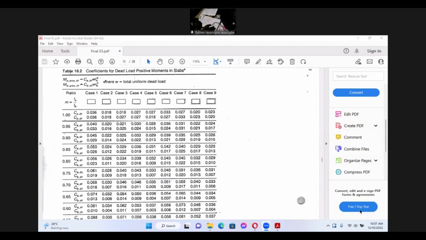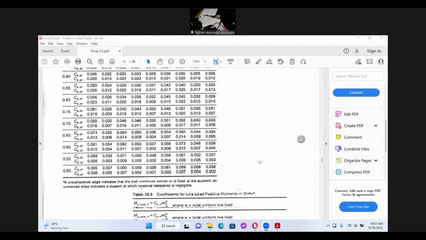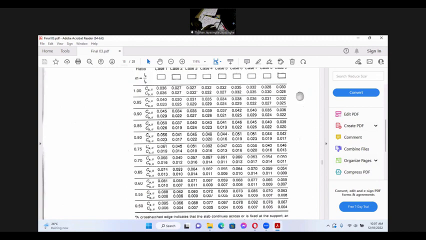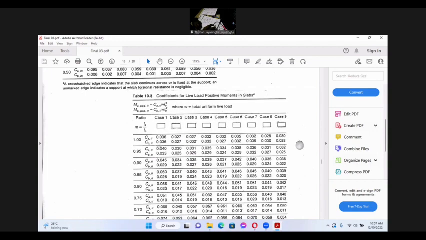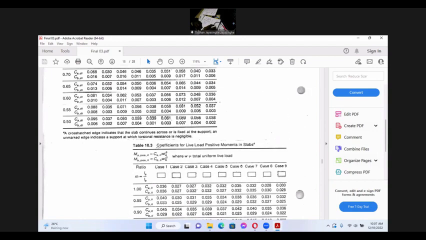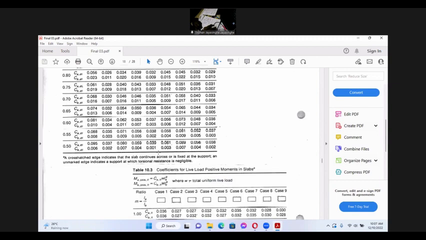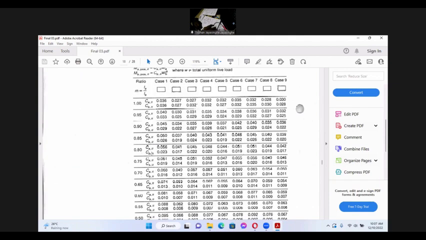Now we have to look at the live load case. 0.77 gives 0.0585 and 0.0216.